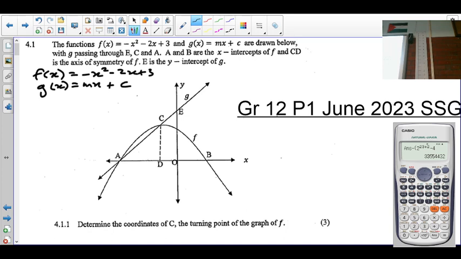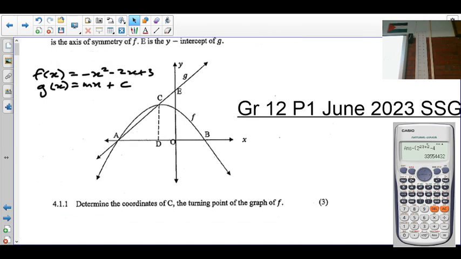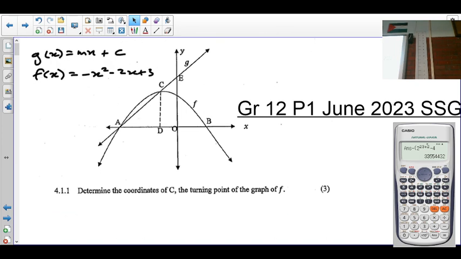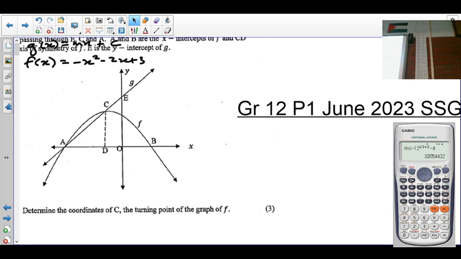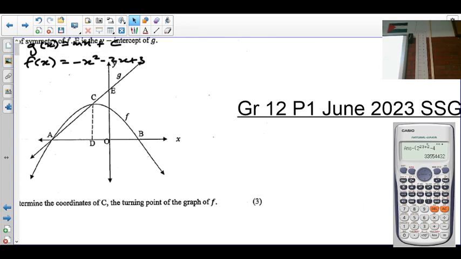Then we are told A and B are the x-intercepts of f. CD is the axis of symmetry of f. E is the y-intercept of g. Okay. Put this up here. We need all the space we can get. Move this over here.